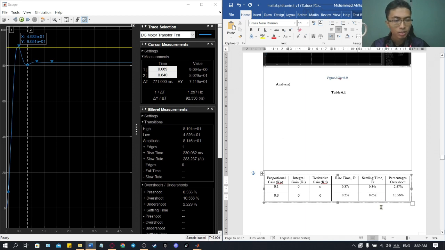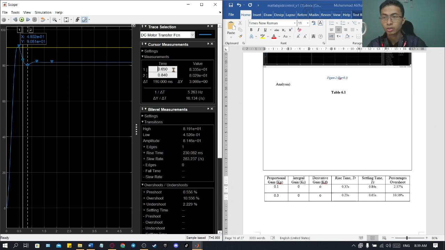And then the settling time, you can see 0.65, around here, where it starts settling down. And then the rise time is equal to 0.23 seconds.